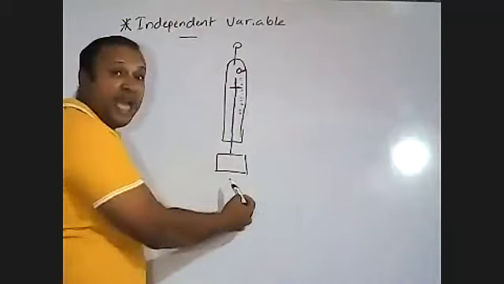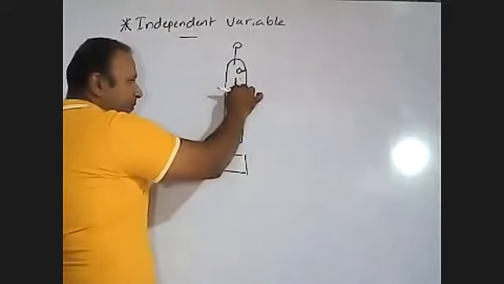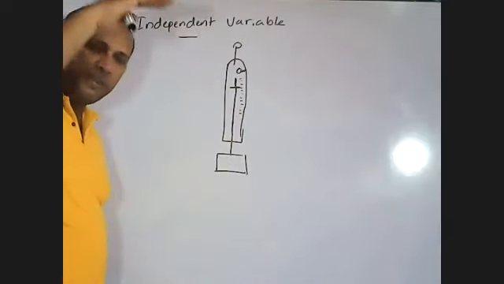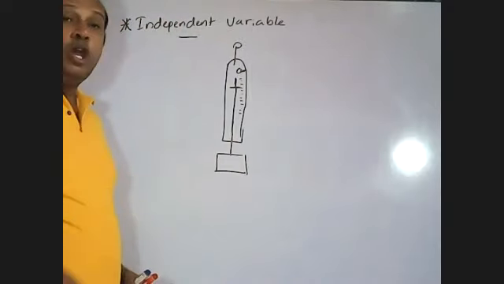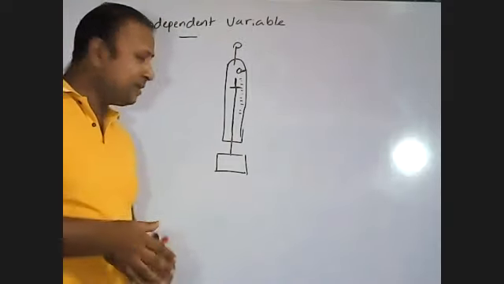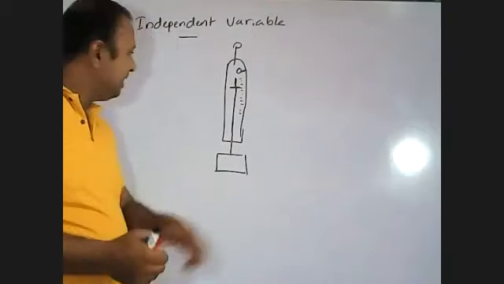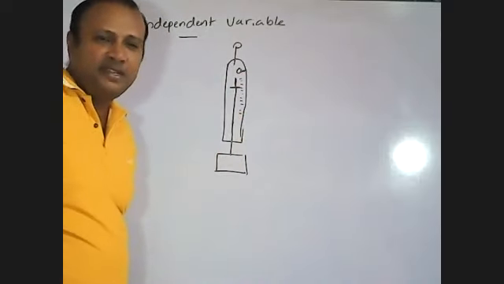When we add some masses to this tray, the position of that pointer varies. So suppose we have to build a relationship between this centimeter scale and the weight.